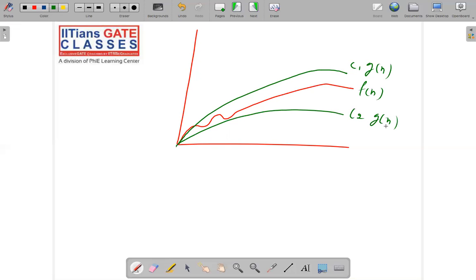The graph will look like this. Here, f(n) equals theta of g(n). So that is done. Now let's take some examples and try to identify which one is true.